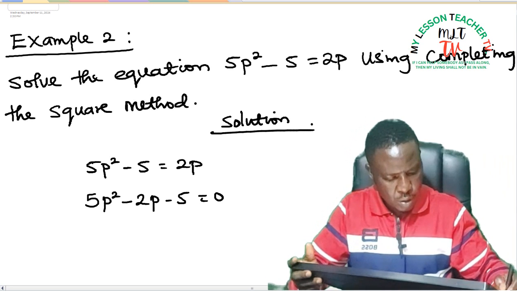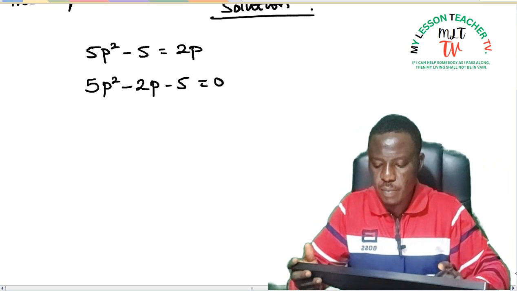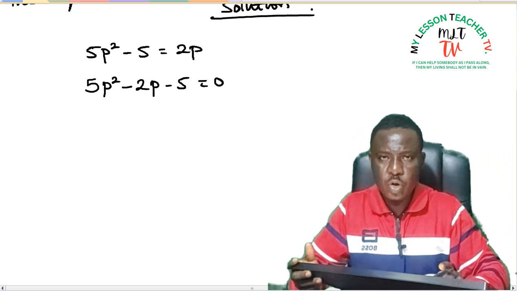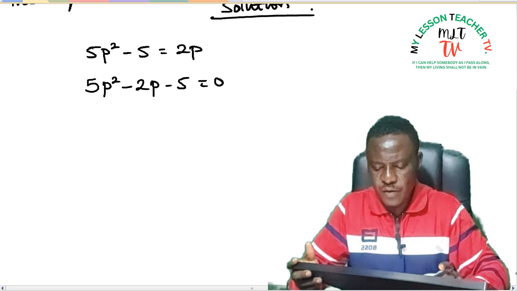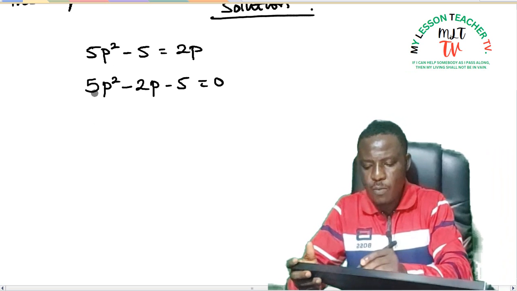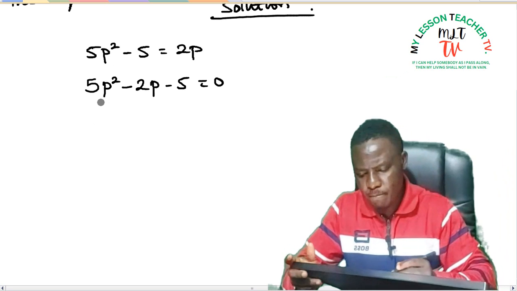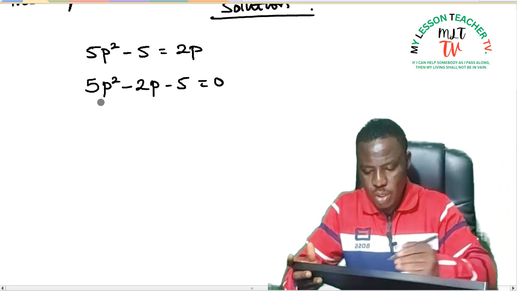So this cannot be factorized using the factorization method. So what we are going to do is use the completing the square method. The first step is to move the constant term to the other side of the equation, or you make the coefficient of p squared to be 1, because we want to make it a perfect square.